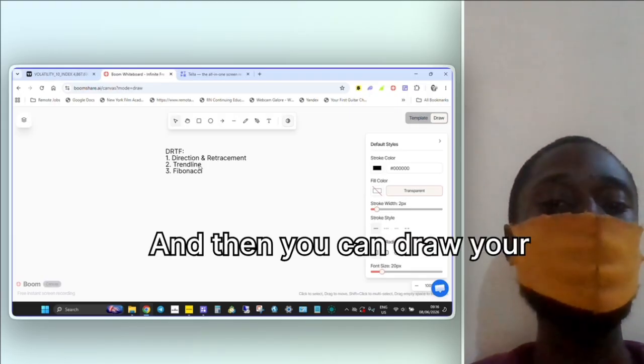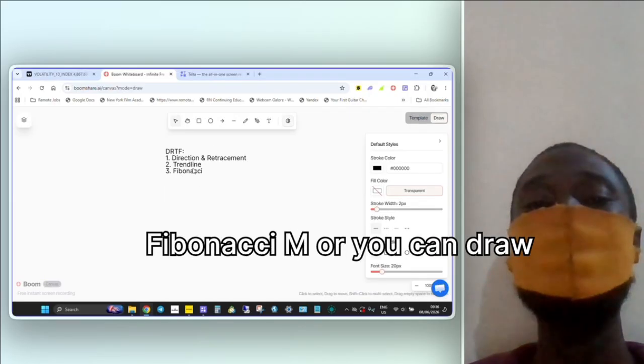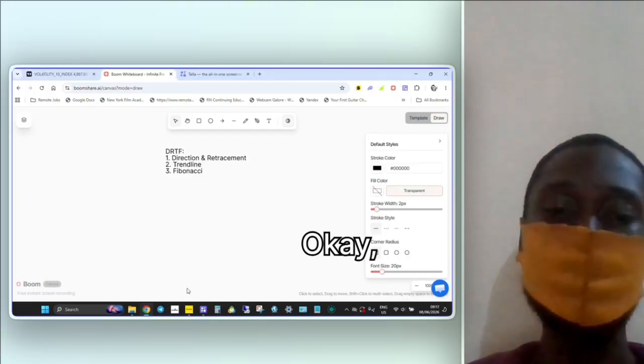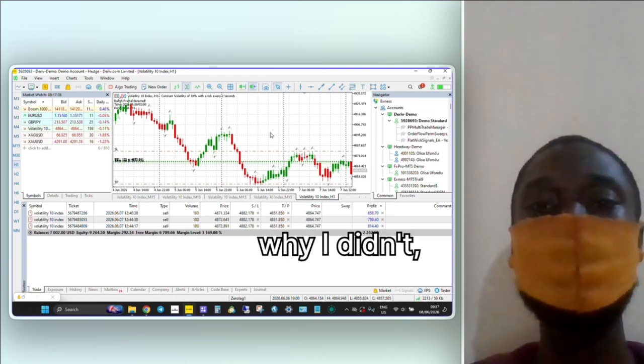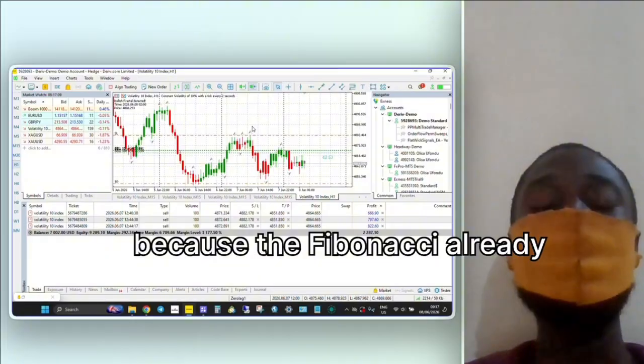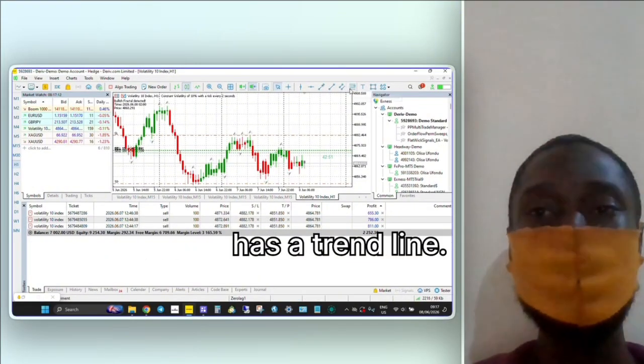And then you can draw your Fibonacci, or you can draw your trend line. Okay, the reason why I didn't talk about trend line there is because the Fibonacci already has a trend line.